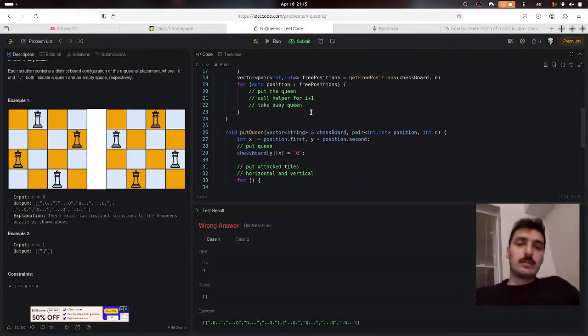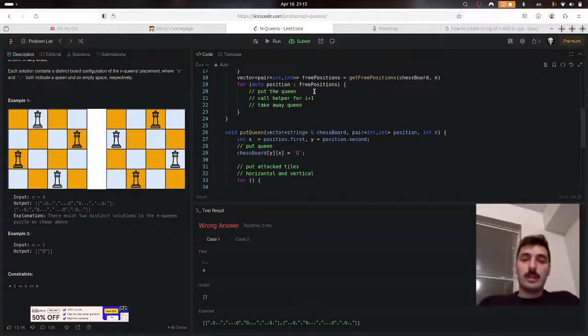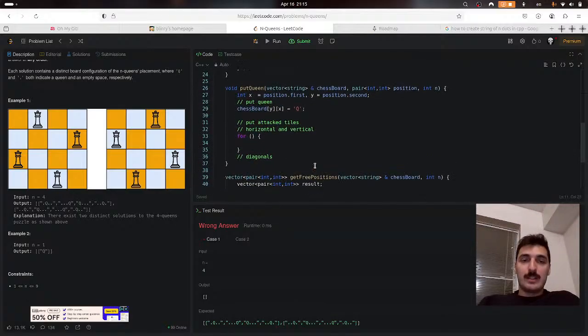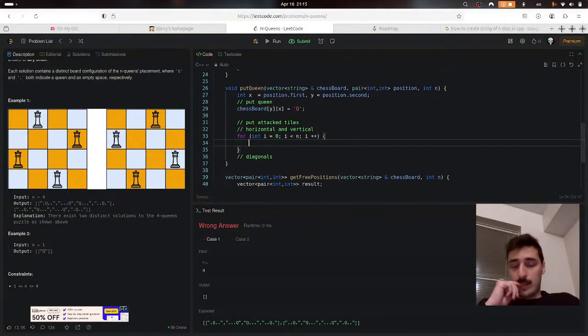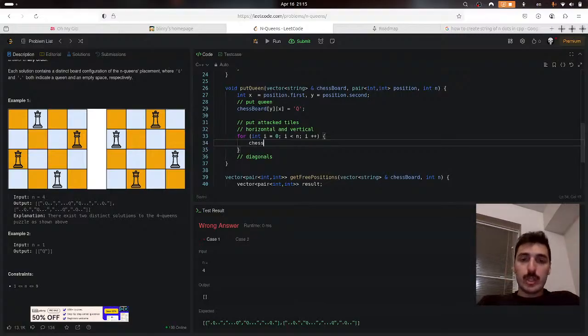Put the queen. For int i equals 0, we need i to go all the way up to n, i plus plus, and what we need to do is chessboard y and i is equals to, no, attacked.